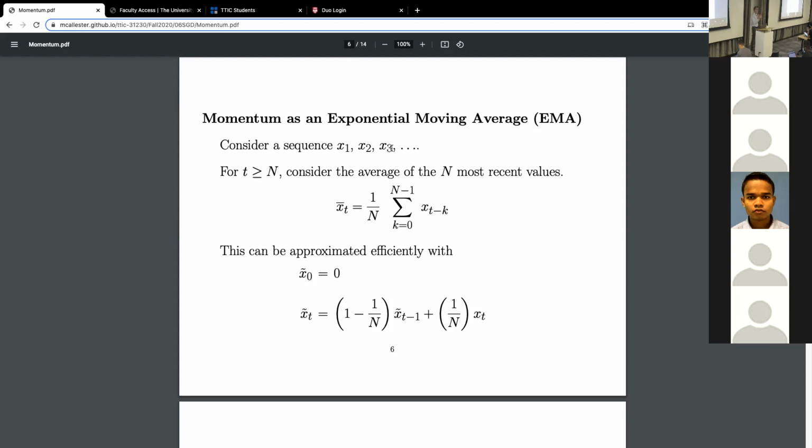That's where I'm going. And the claim is that momentum is nothing other than updating with an exponential moving average of the gradients.